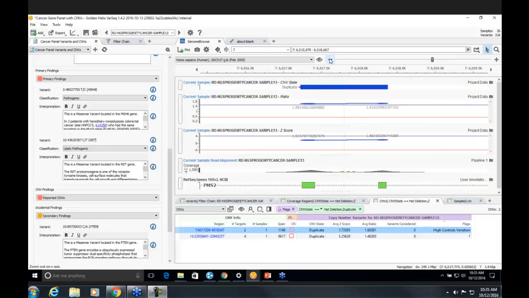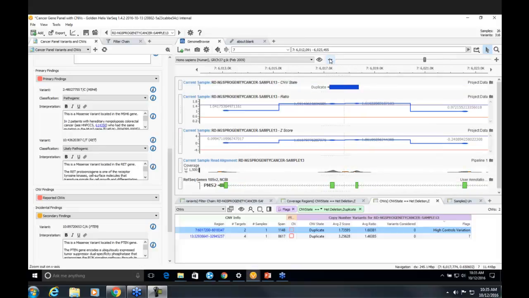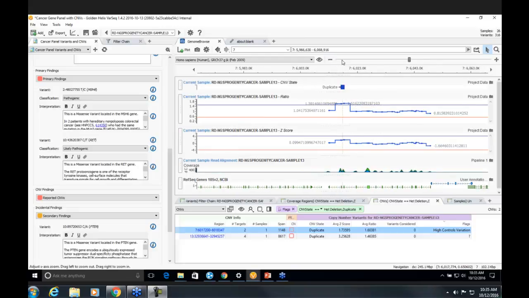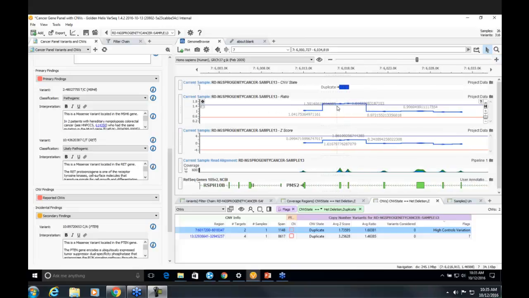We'll see it spans 2 exons. But as we zoom out, we can see the context, and we do see a bump here in terms of the ratio and in terms of the z-score, but the z-scores are fairly low, and they're not really differentiating from the normal z-score of 0 by a large amount.